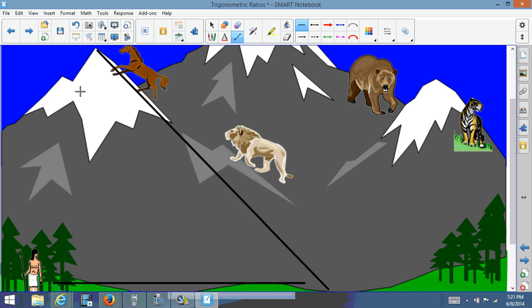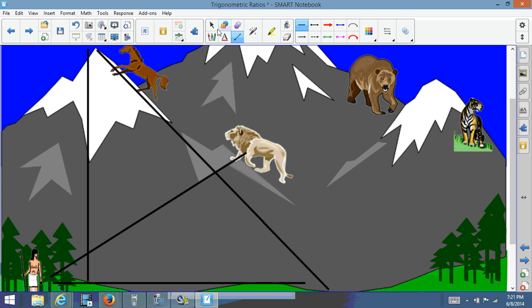And that shot hit the lion right square in the heart and killed it instantaneously before he could jump up to kill SOHCAHTOA's horse. So we're going to find out what angle SOHCAHTOA used to kill the lion.